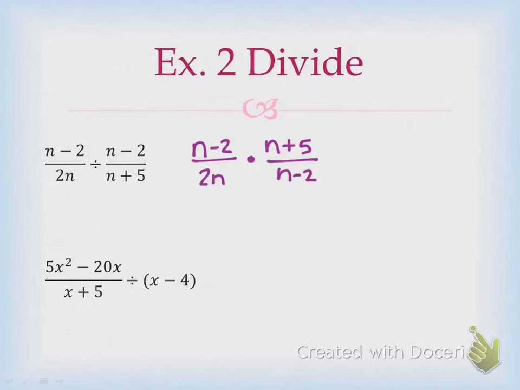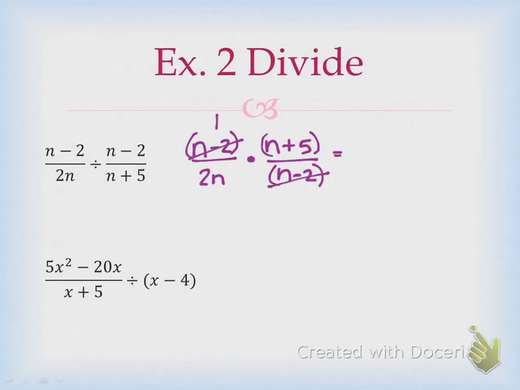Okay? Let's go ahead and put parentheses around what's off limits. Hebron, what is off limits? Perfect. Do you see any identical pairs that can be canceled out? What is it? N minus 2 and n minus 2. Then I just multiply straight across.